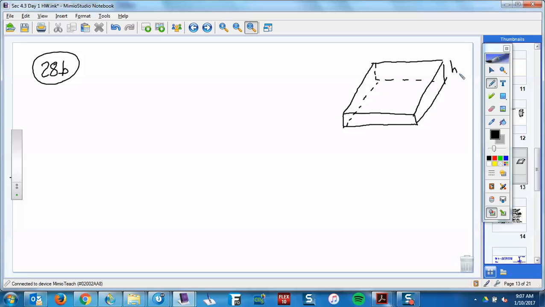And now H is not the long side. The volume is still S squared H, but what's the long side? The long side is now S, right? That's why there's two cases here. We're going to have to work out both, and then whichever max is the bigger max, that's the one we want to use, right?